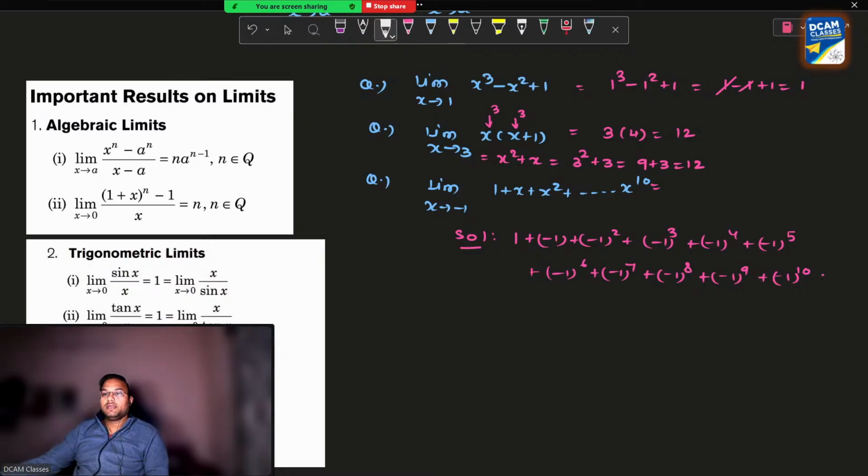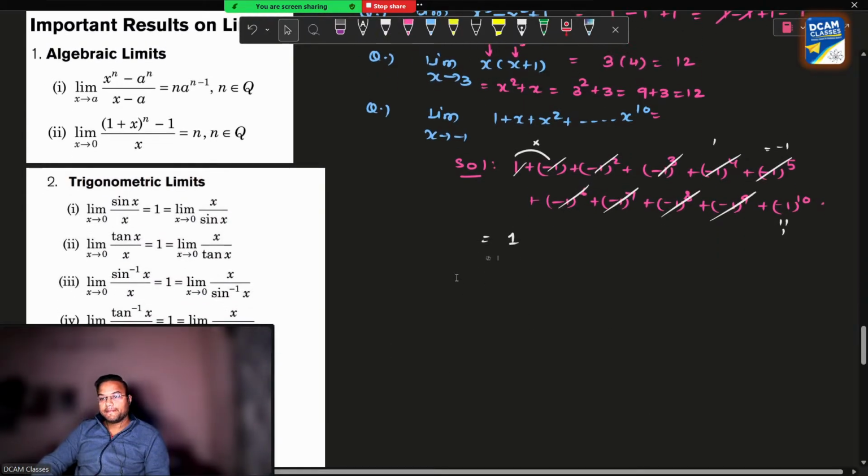Now this and this will get cancelled. This and this will get cancelled. This and this will get cancelled because its answer is minus 1, its answer is 1. Right? Only thing remaining is minus 1 power 10, which is 1. So the answer is 1.